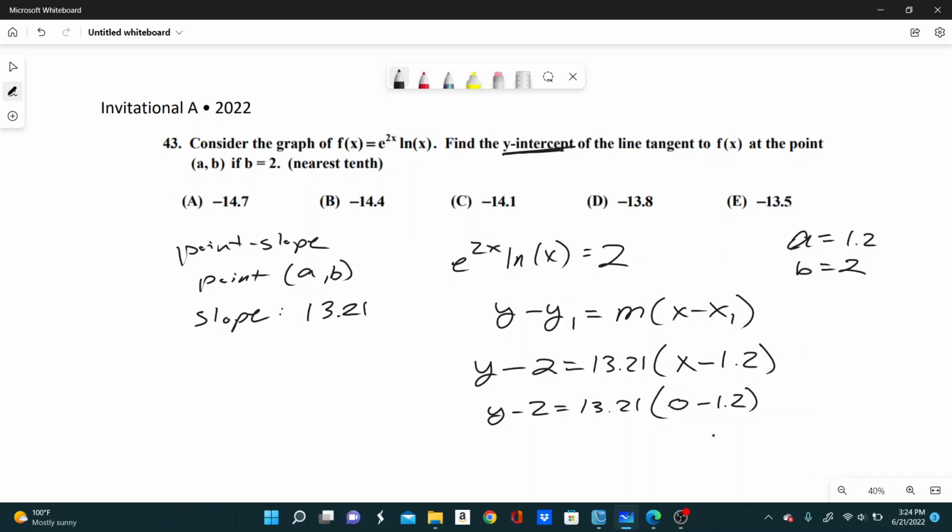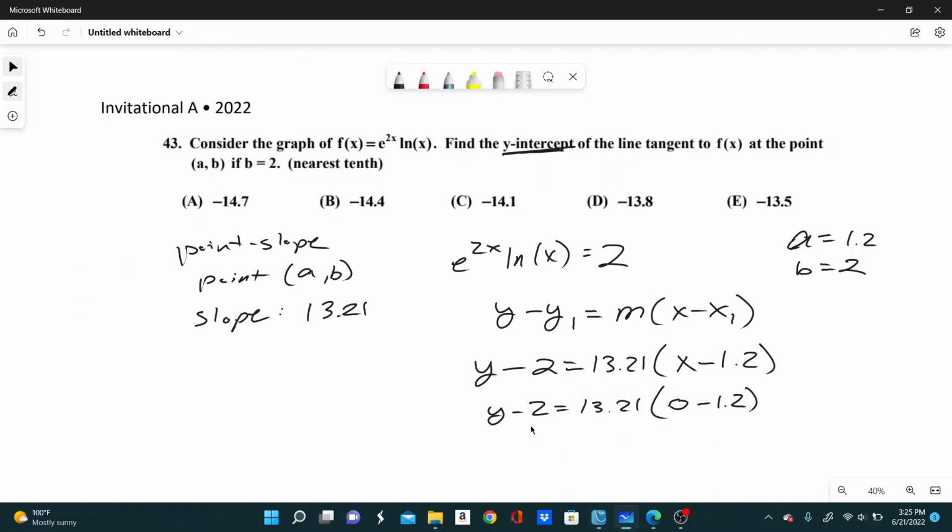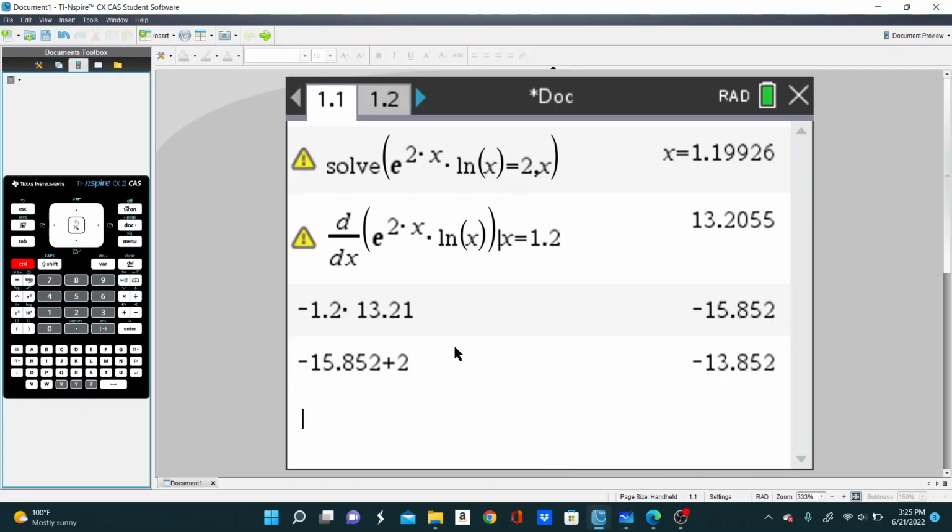So 0 minus 1.2, that's just negative 1.2, times 13.21. So let's see. Negative 1.2 times 13.21. And then we can add this 2 to both sides. So we get a y-intercept of negative 13.85.